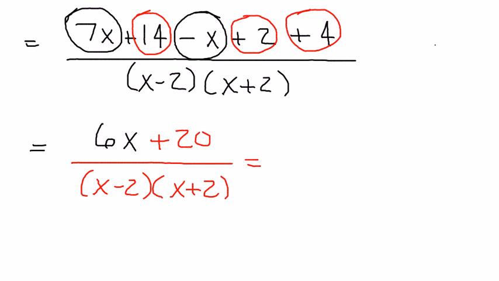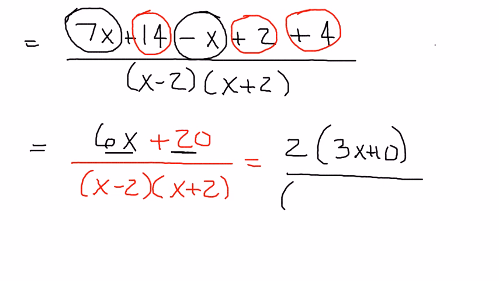The greatest common factor out of those two terms is actually going to be a 2. So we have 2 times 3x plus 10, all divided by x minus 2 times x plus 2.